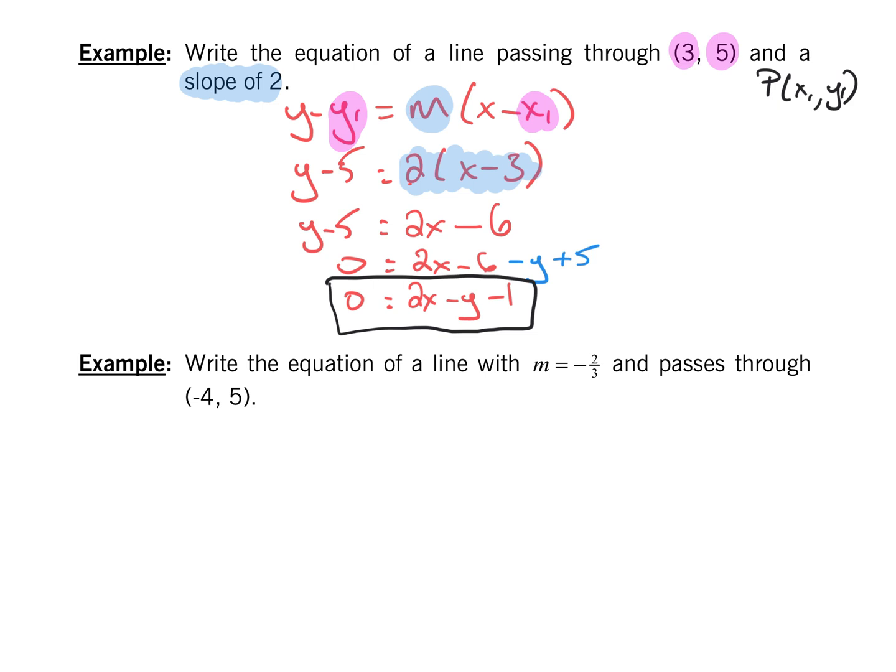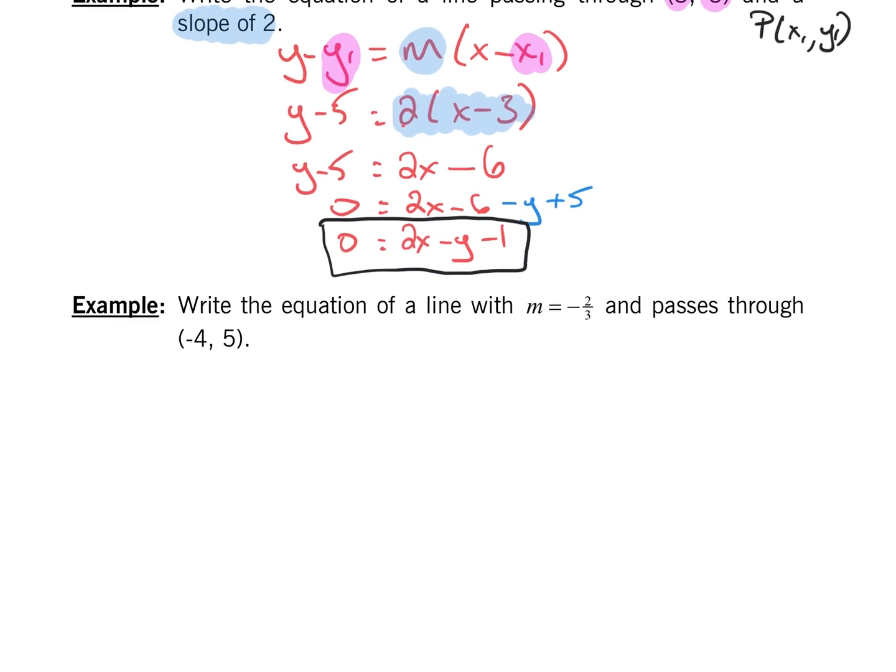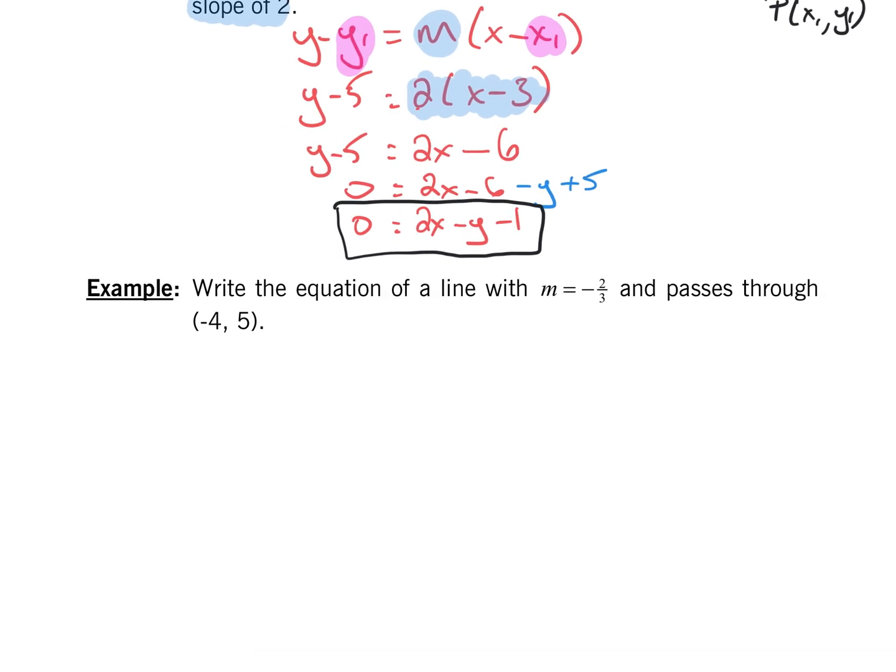So the next example says write the equation of the line with a slope of negative 2/3 passing through the point negative 4, 5. We are going to set up this equation the exact same way. Y minus y1 equals m times x minus x1. So our m is negative 2/3.